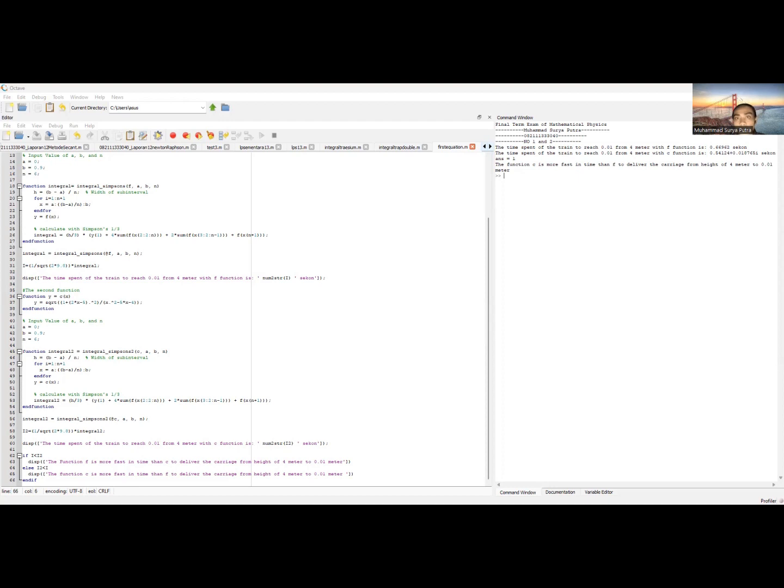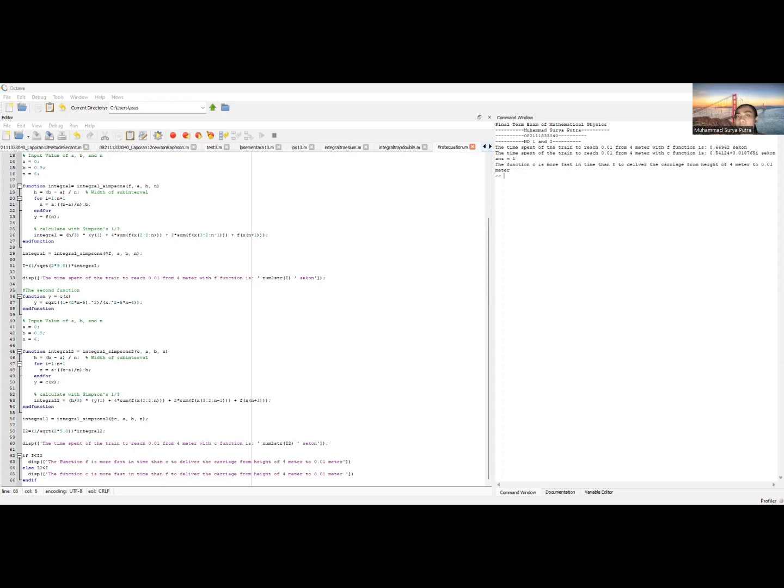I have this hypothesis that to shorten the time, we usually minimize the distance. So this is the distance we see, the curve, and this curve is the first equation, the f function, and this is the c function.